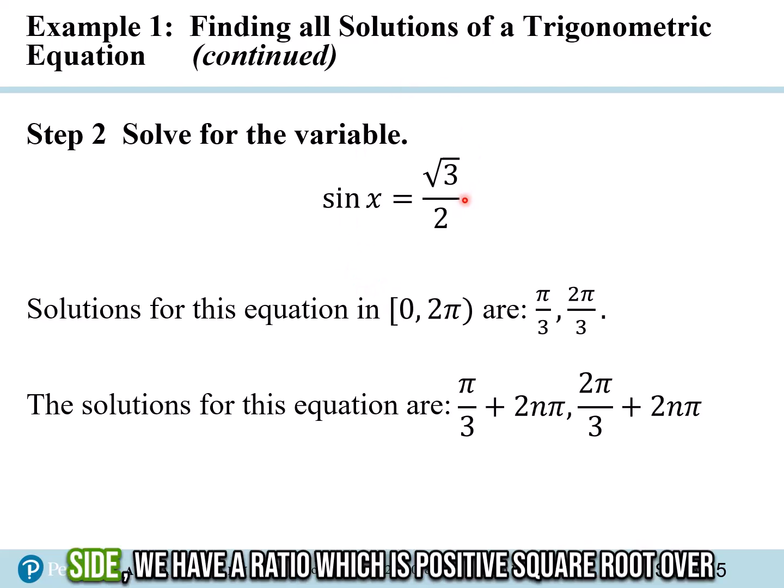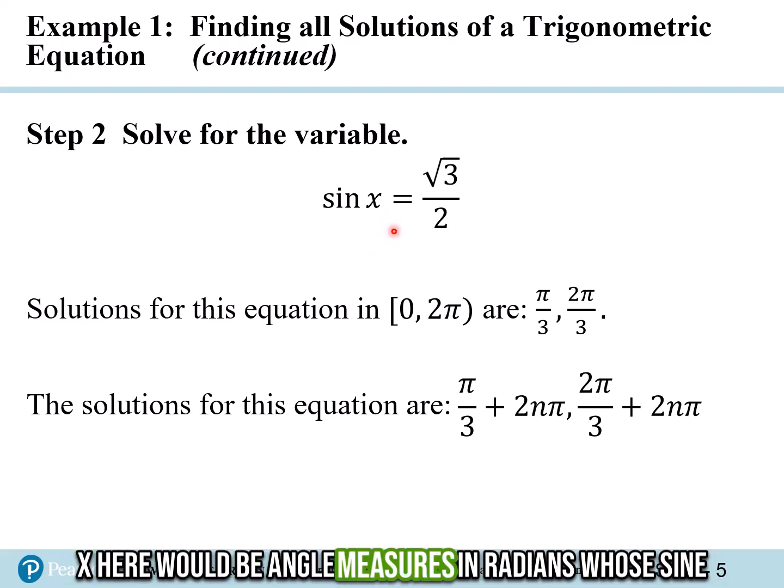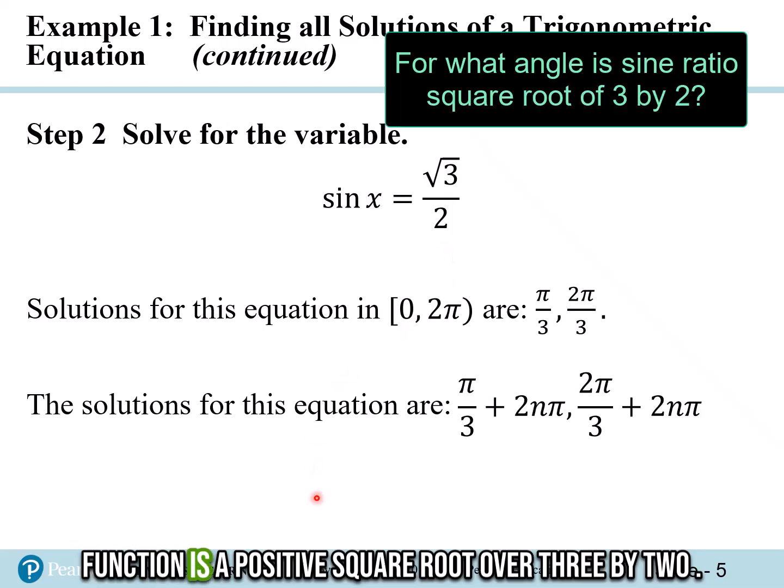On the other side, we have a ratio which is positive square root over 3 by 2. At this point, we are ready to solve for x. X here would be angle measures in radians whose sine function is a positive square root over 3 by 2.